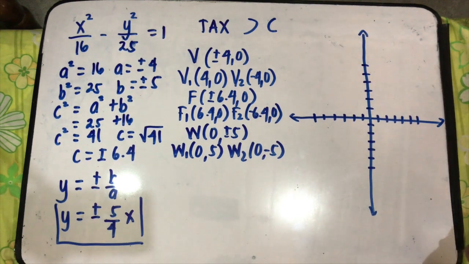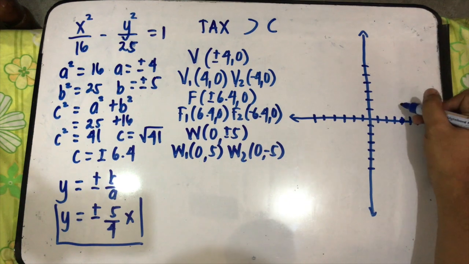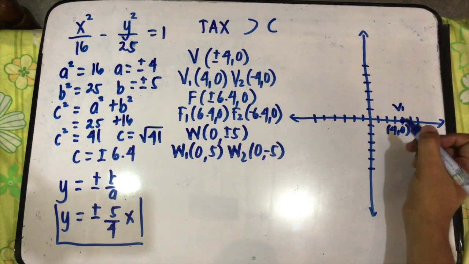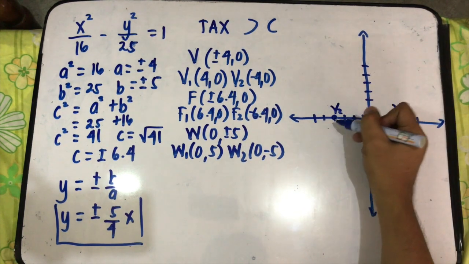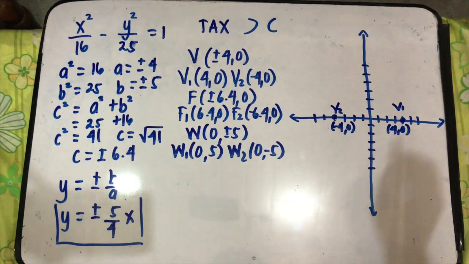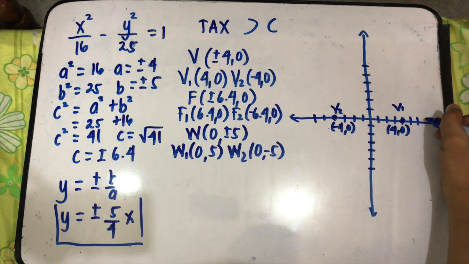Let us draw the vertices. It is located at 4 and 0, 1, 2, 3, 4. So this is our V1, that is 4 and 0. V2 is negative 4 and 0, 1, 2, 3, 4. So this is our V2, located at negative 4 and 0. We have F1. F1 is 6.4, 1, 2, 3, 4, 5, 6. So this is our F1.